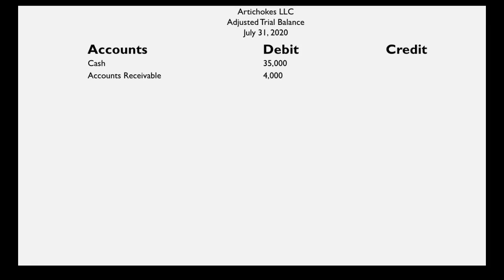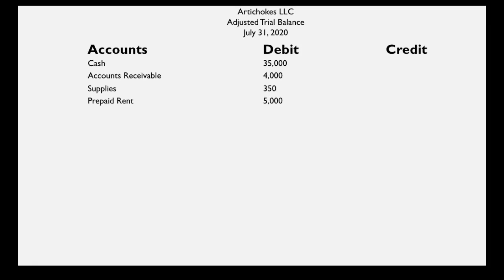Once again, accounts receivable was not affected in our adjusting entries, so it still has a $4,000 debit balance. After accounts receivable comes supplies. Now, supplies was initially $500, but we used up $150 worth, so now there's only $350 left in supplies.